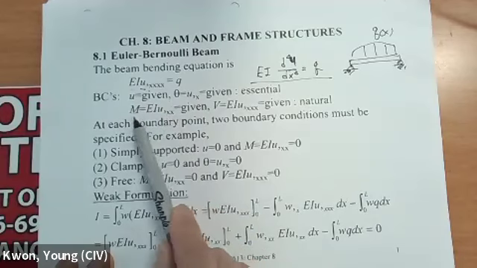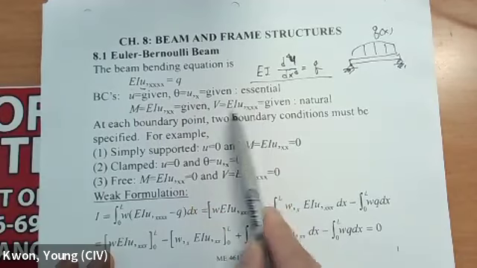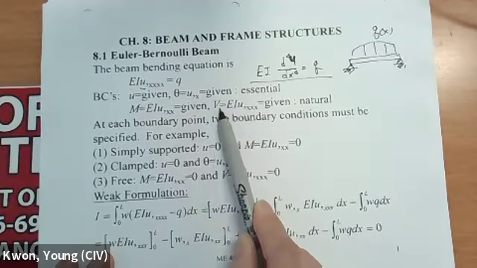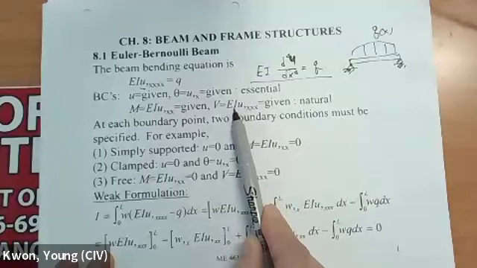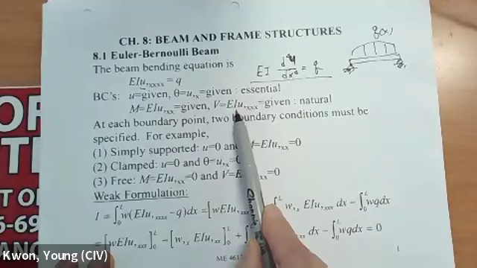So the second derivative is related to bending moment, and the third derivative again relates to shear force, and EI we call again beam rigidity. How stiff the beam is, EI. E is the elastic modulus. I is going to be the second moment of inertia of the cross section, EI, right?